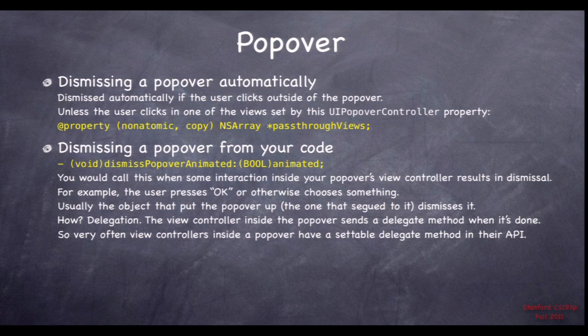So how does it work then to have an OK button inside of a popover? The answer is you're going to use delegation a lot. The view controller that's inside a popover is usually going to have a property, which is its delegate. When OK is pressed in that view controller, it's going to send a message to its delegate saying OK, or I did it, or whatever. And then the thing that put it up is going to dismiss it.